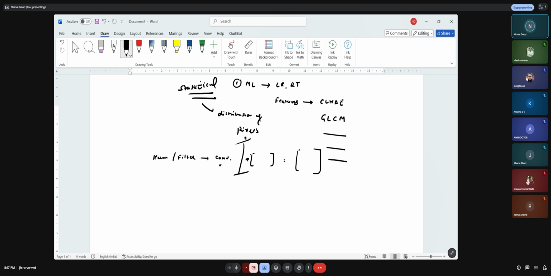Along with these convolutions, we do have a pooling layer: min pooling, max pooling, average pooling, global average pooling, where we organize these layers with the convolution.